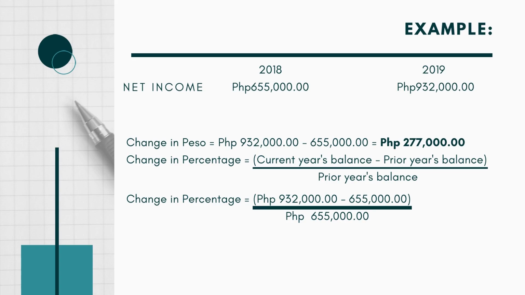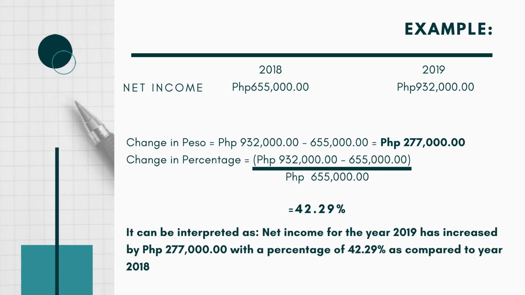And the answer is 42.29%. So, this analysis can be interpreted as net income for year 2019 has increased by 277,000 with a percentage of 42.29% as compared to year 2018.